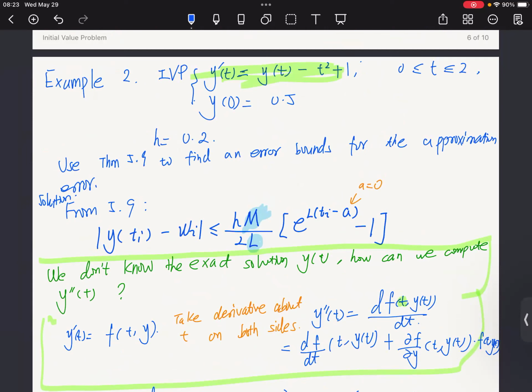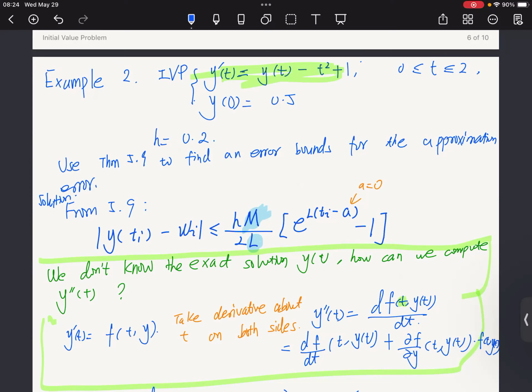I'm not sure, but I believe there are some more specific initial value problems where we don't even need to know the exact solution and can still bound it. Of course we can do it, but those are specific and special cases. But here, if we want to use theorem 5.9, usually you need to get the exact solution and then bound the error.